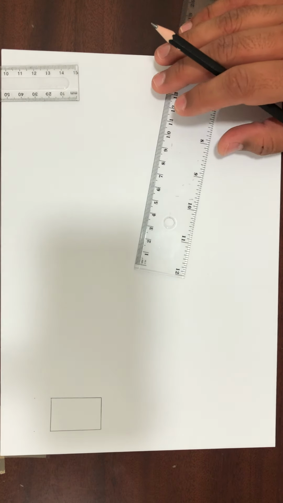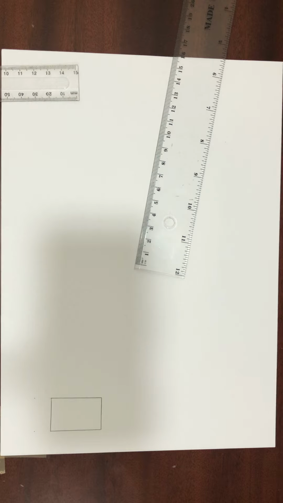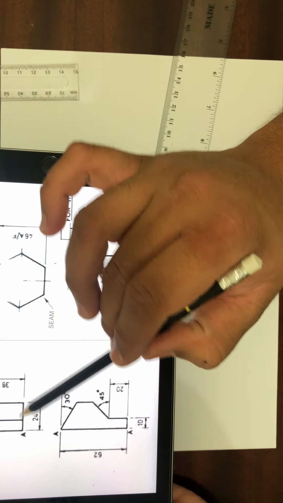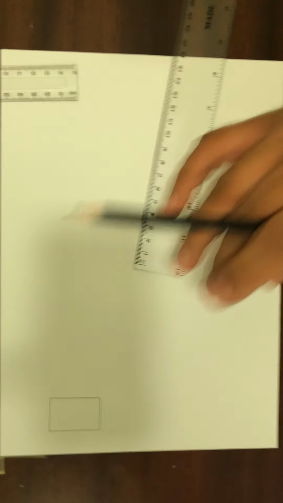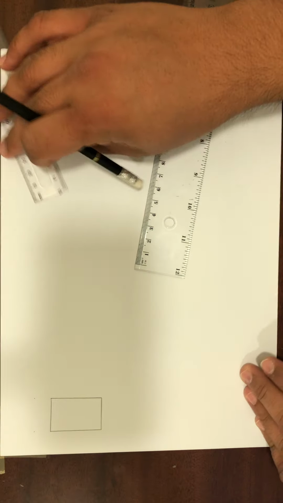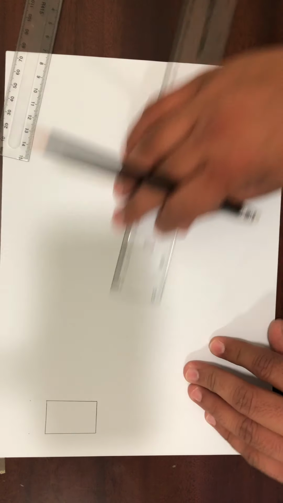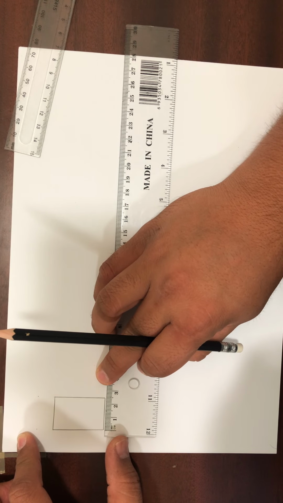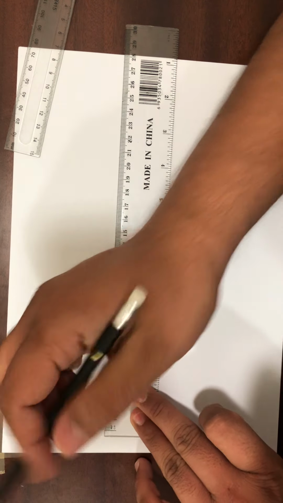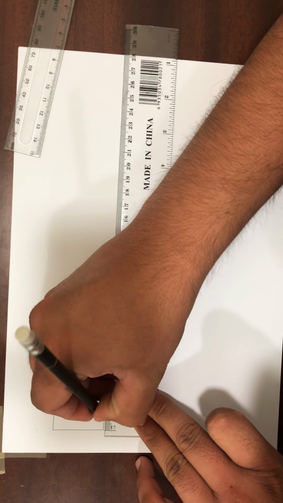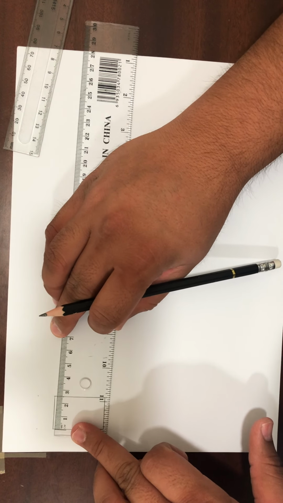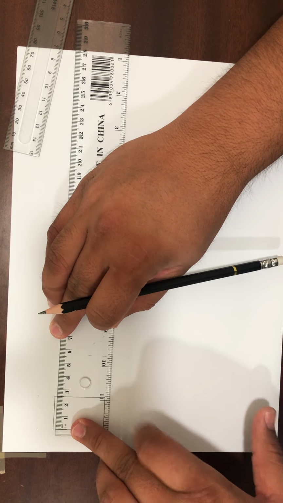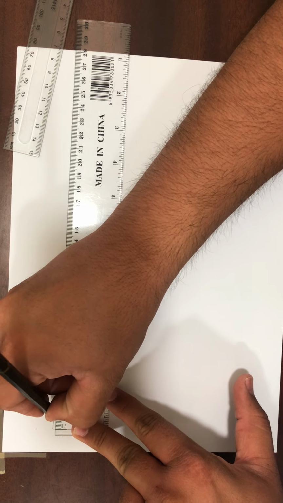Okay, so with this, the top view is completed. This line is at a distance of 10. So let's mark a point at 10. From this point, mark 10, and also from this point, mark 10 towards the right side.